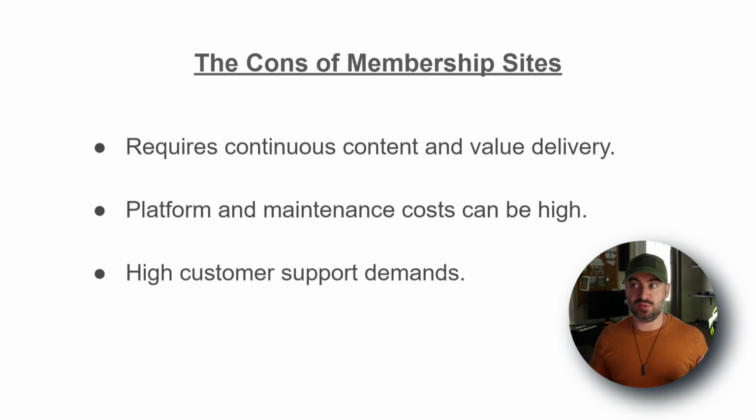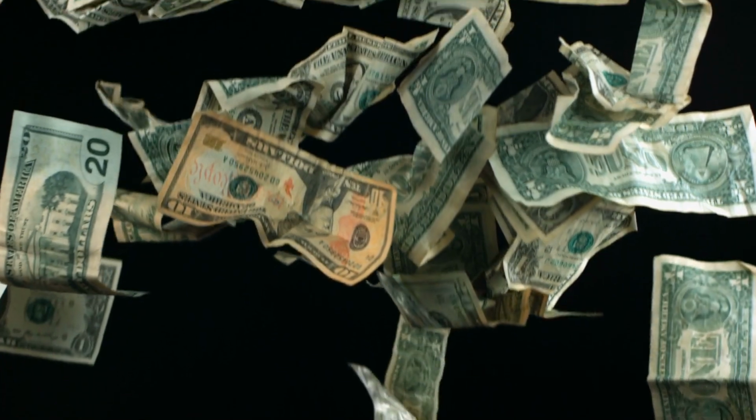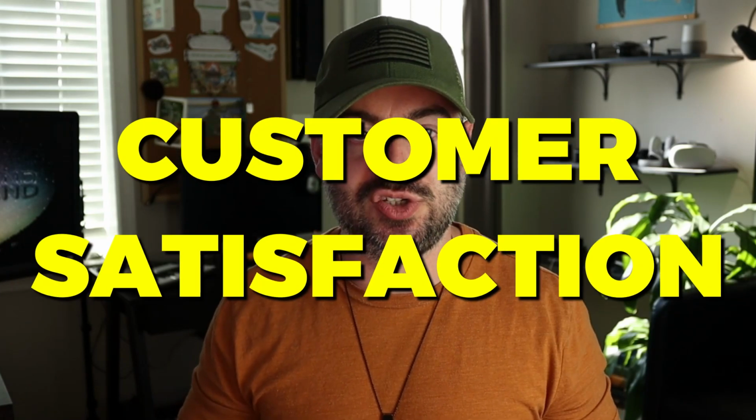Again, a lot of social media platforms incorporate this now, so not so much a problem. But then also high customer support demands, right? If people are paying for a subscription to access you and you're not creating enough content, or what they deem enough, or they're not getting what they were expecting, it can be hard to maintain customers or keep customer satisfaction high.